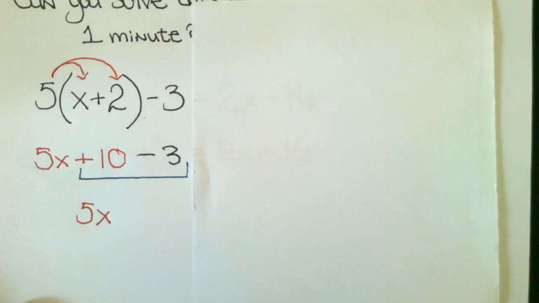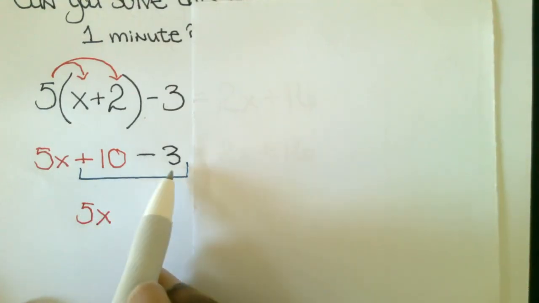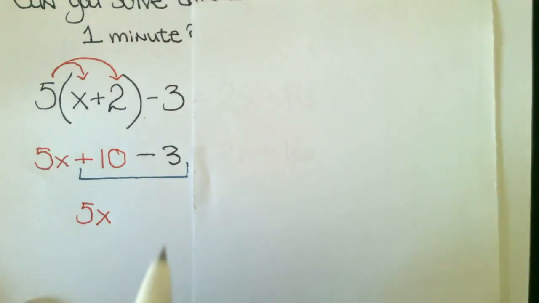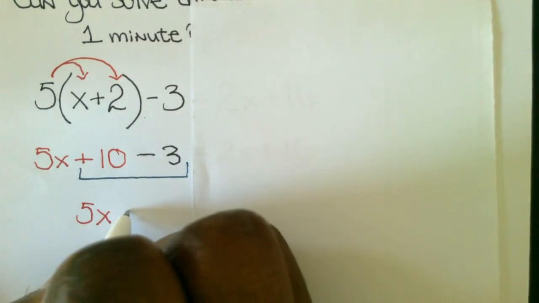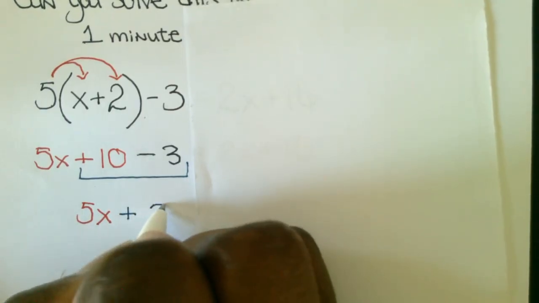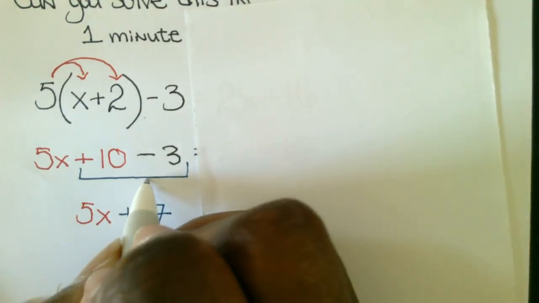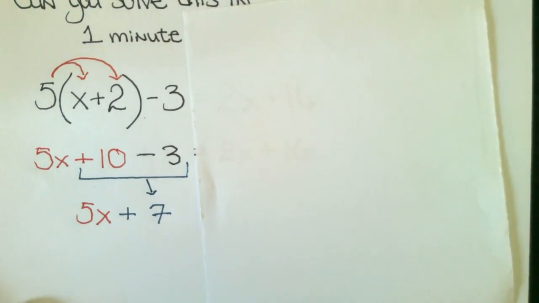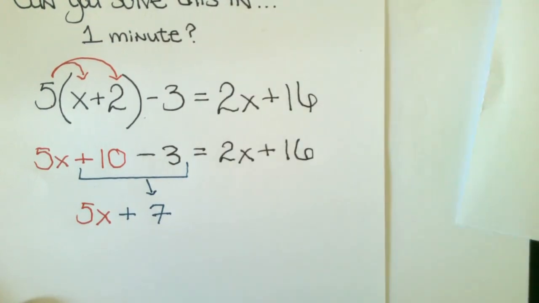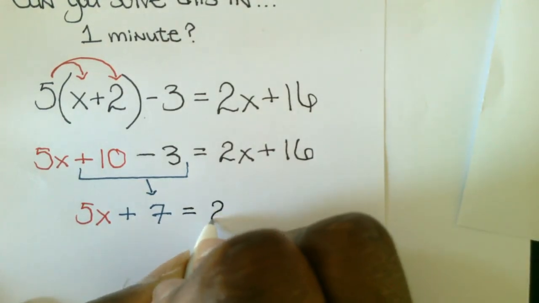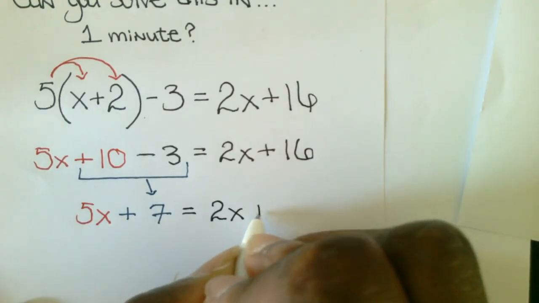But if we combine, we have 10 plus a negative 3. Notice how I say it: 10 plus a negative 3. That means I had $10, I spent $3, so I have $7 left. So that's what came from here. Now we can bring down our equals, our 2x plus 16.